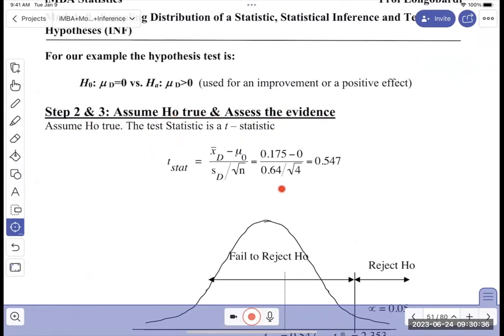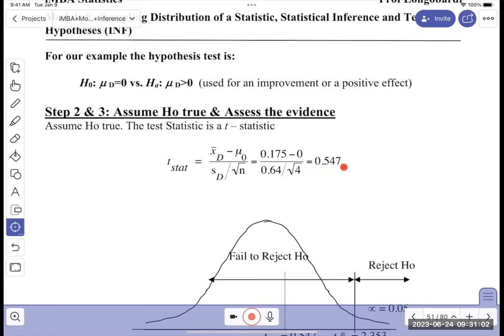So this is the test statistic. This is a statistic. I'm taking the results of the sample and testing. Okay, so when I standardize this, is this too many standard deviations away? So it's half of one standard deviation away from 0.